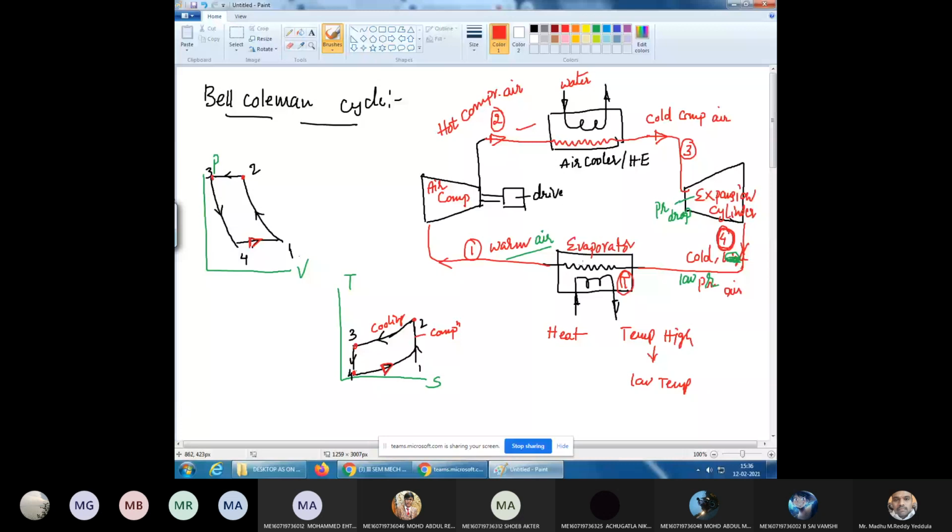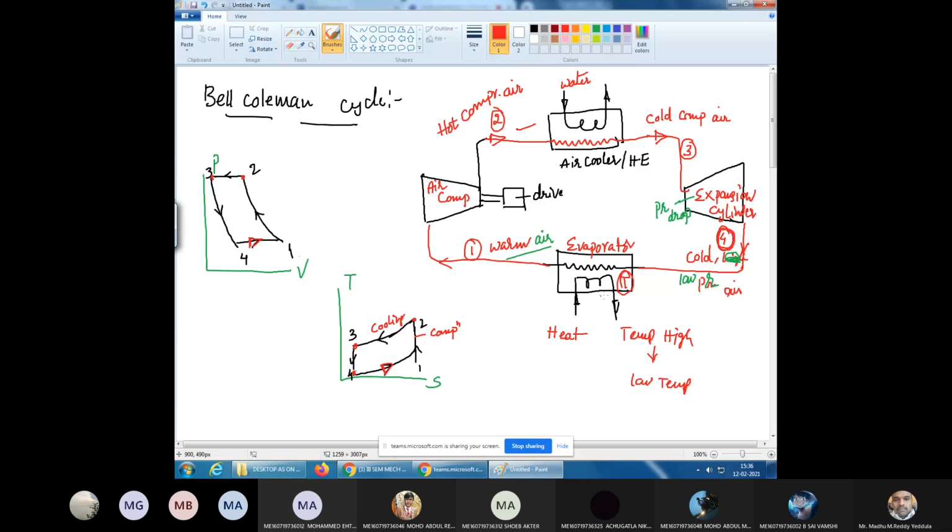Where are you observing the refrigerating effect? Now tell me, where are you getting the refrigerating effect? The evaporator. Yes, the refrigerating effect is taking place from 4 to 1.